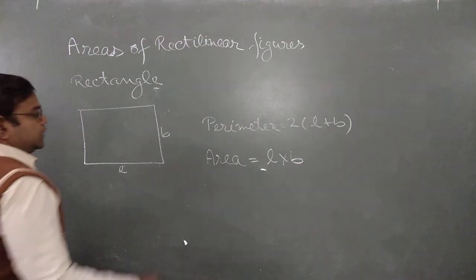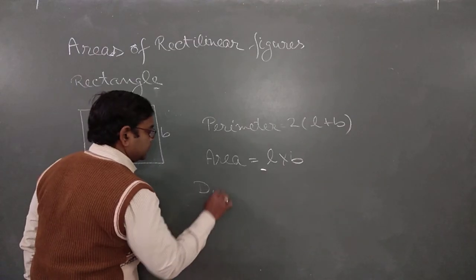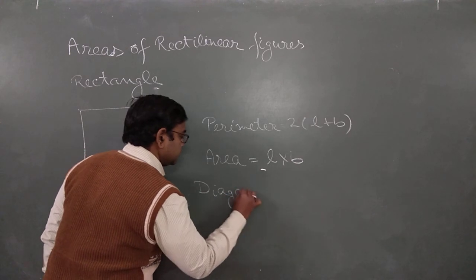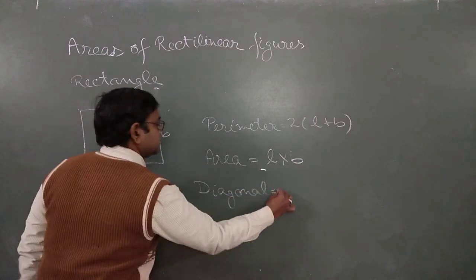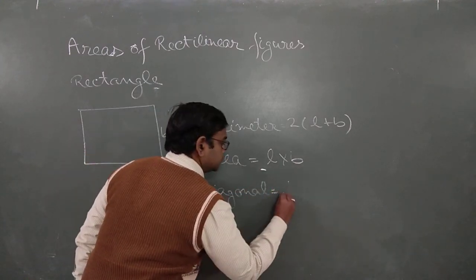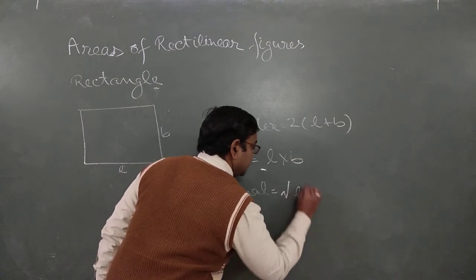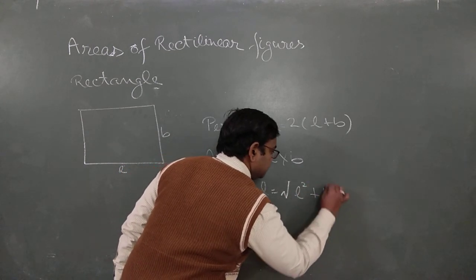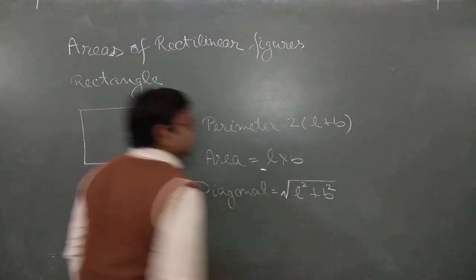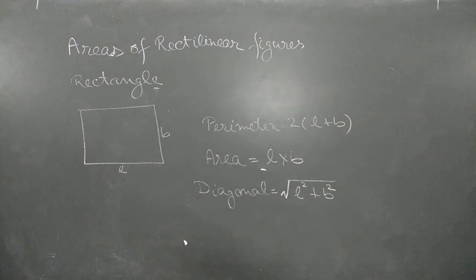Another thing is the length of the diagonal. The diagonal length of a rectangle is under root of length square plus breadth square. So these three are the concepts to find the area and perimeter of a rectangle.